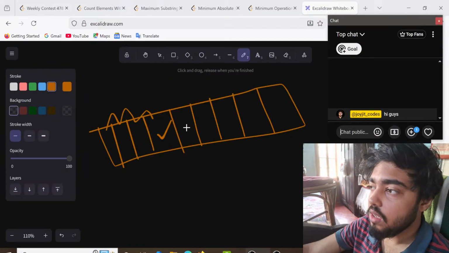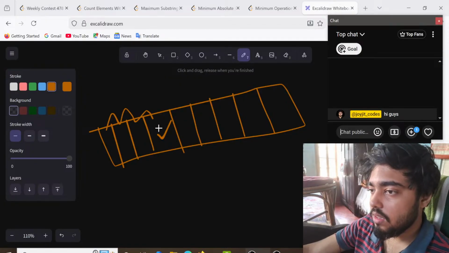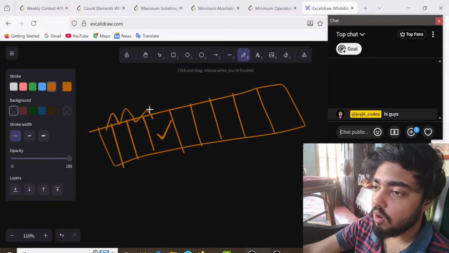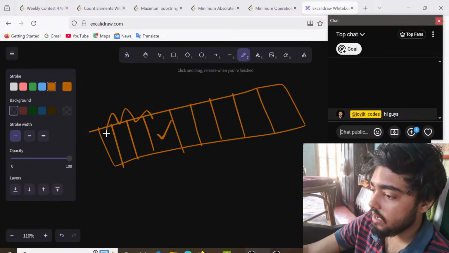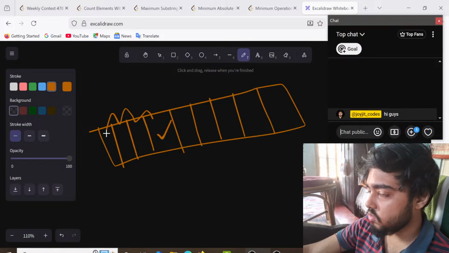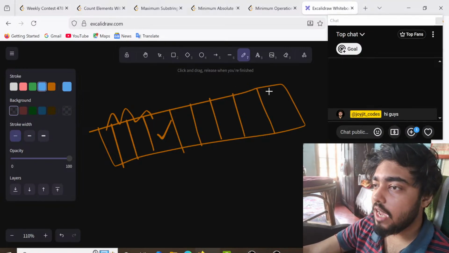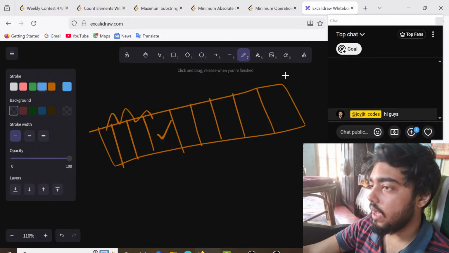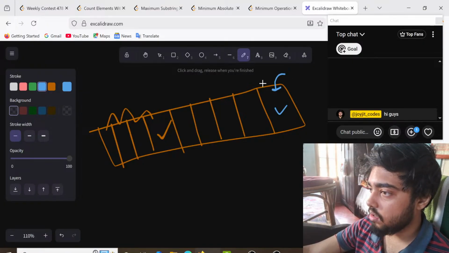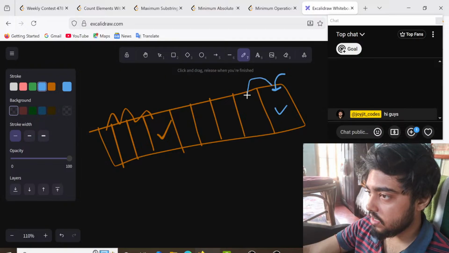Not an issue. So this is clear: if one of the elements qualifies, that means all the elements before it, that are lesser than or equal to it, will also qualify. So what you can do is sort it first, and then traverse from the back and check if each element qualifies or not. No, it doesn't qualify. Then check this, it qualifies.